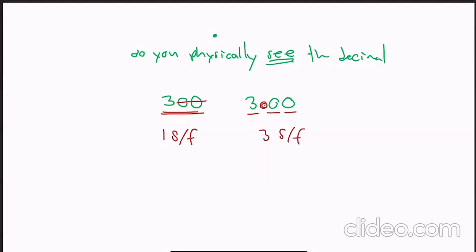And that's all you need to do for trailing zeros. Do you see the decimal? Do you not see the decimal? Do you physically see the decimal here? No. I know that it's at the end of the zero, but I don't physically see it, so I only have to count these values here, and I have 2 significant figures.